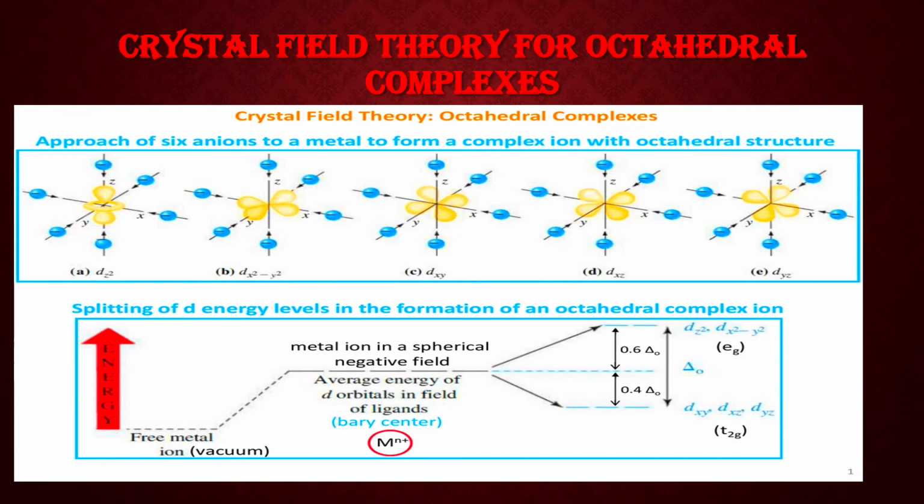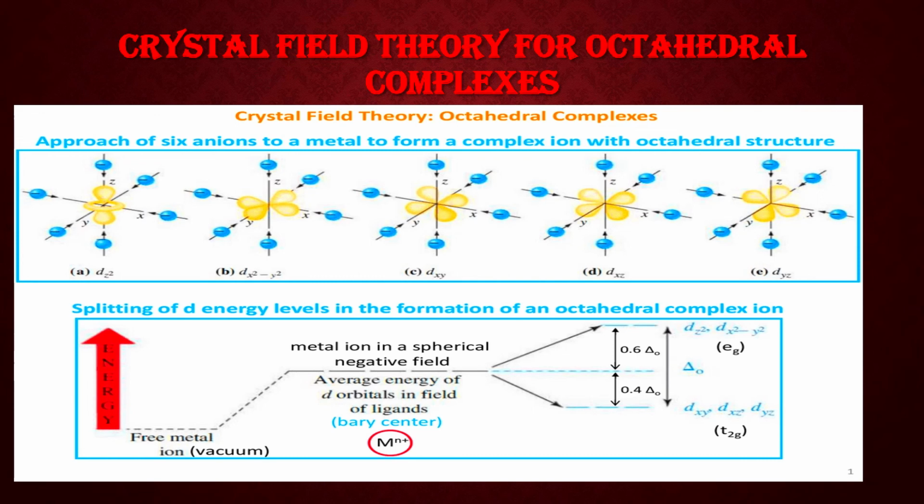Here figure A is of dz square and the lobes are along the z-axis. Similarly, dx square minus y square lobes are along the x and y axes. In dxy, both the lobes of the d orbital are in between the axes. In dxz and dyz, again the lobes are in between the axes.